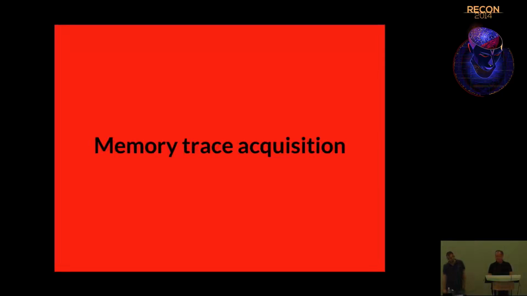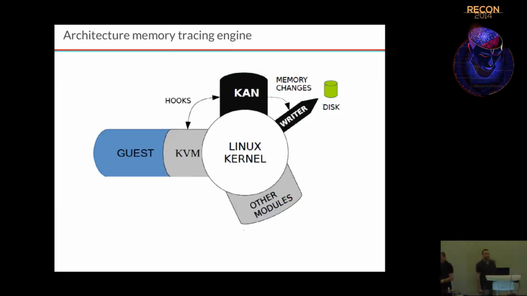So the next question is a more technical one. How are we doing this acquisition? How do we record these memory traces? And that's Dominic's part again. So here is an overview of our recorder and its environment. So basically, there is KVM, the kernel virtual machine, tightly integrated into the Linux kernel.